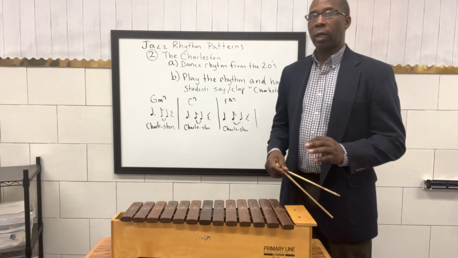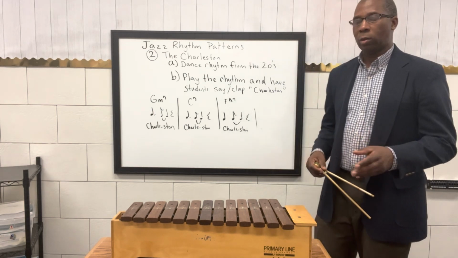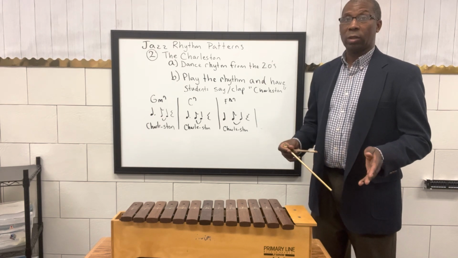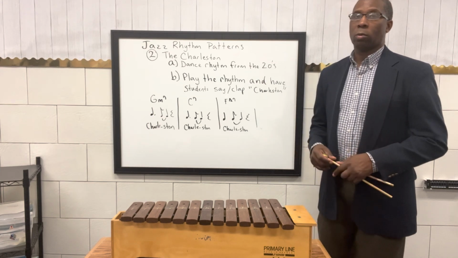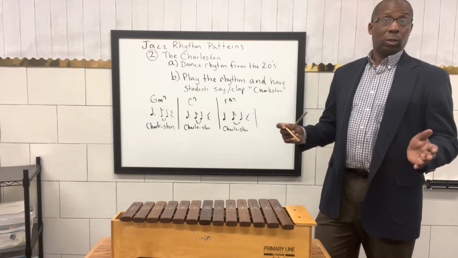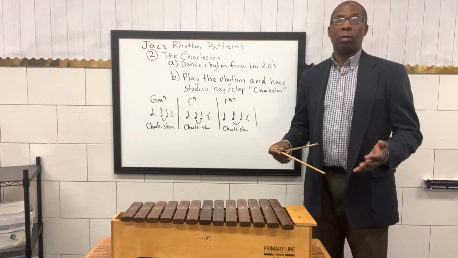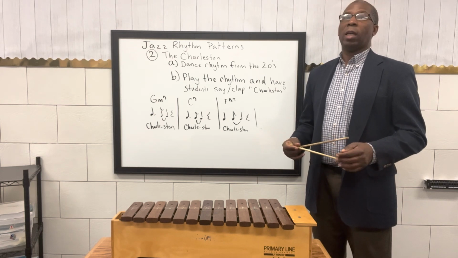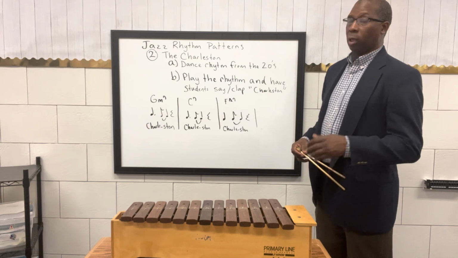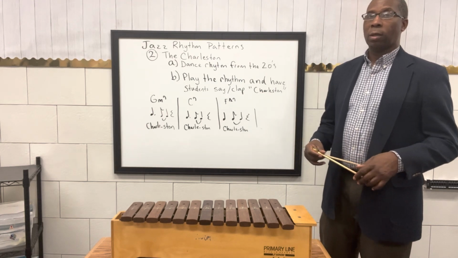The best way to have the students see how important this rhythm is in jazz is, number one, go straight to the source. Let them see old video footage of people dancing the Charleston, and let them see the excitement and the movement, and they will get a good idea of why this was an important part of jazz.